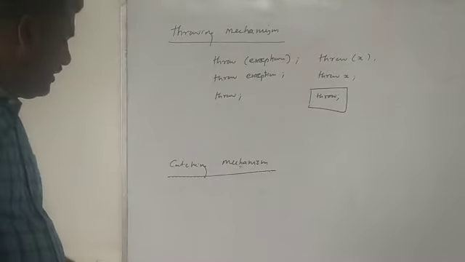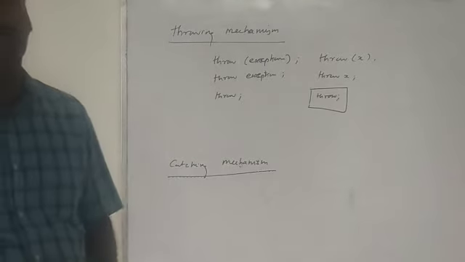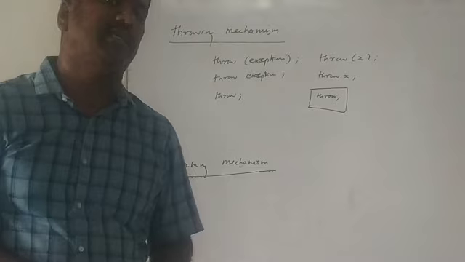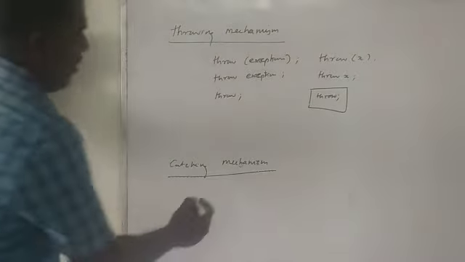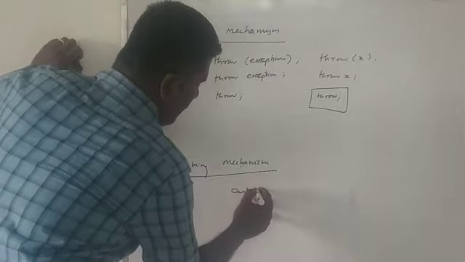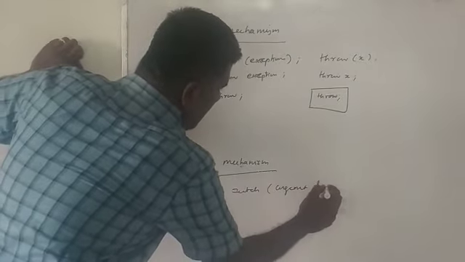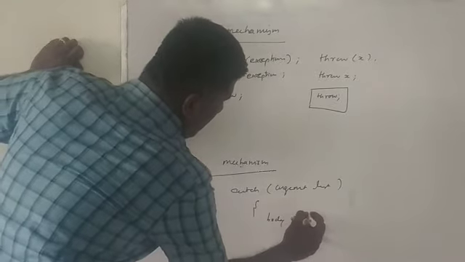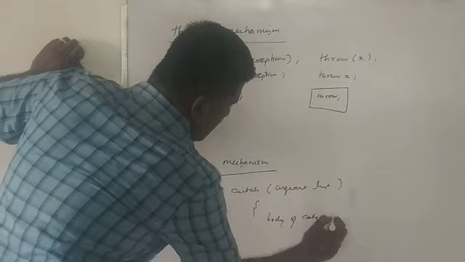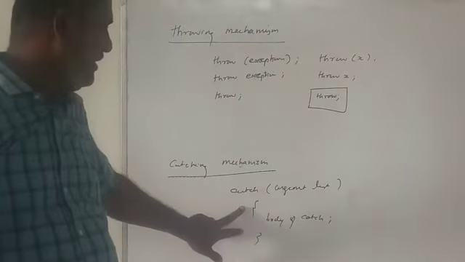The exception thrown by the throw statement is caught by the catch statement. The catch block is like a function definition, because the catch block has catch, an argument list, and the body of catch.